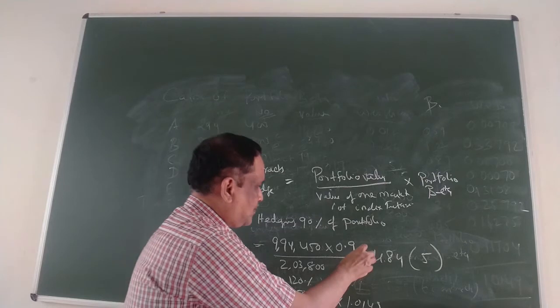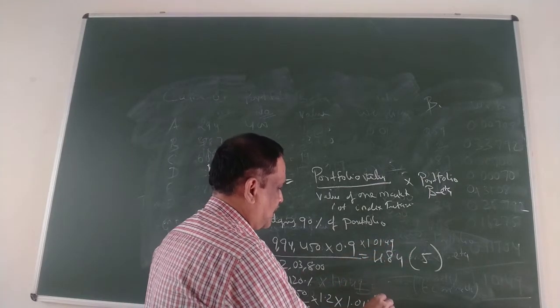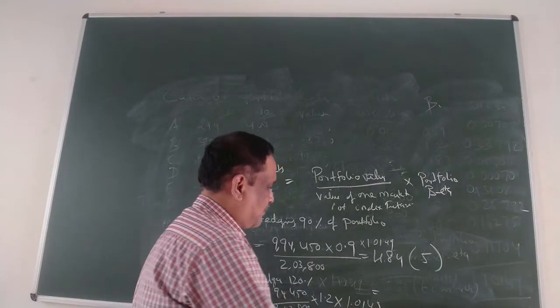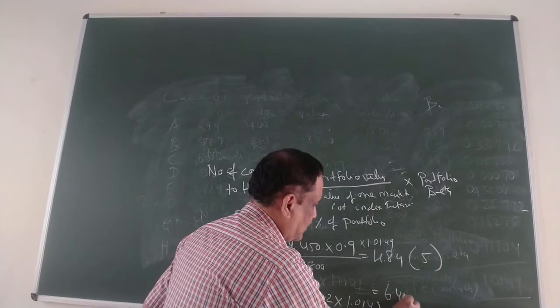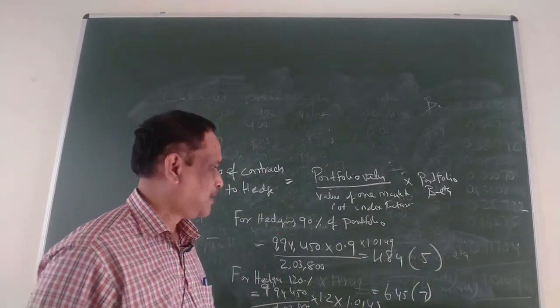In the earlier problem also we had to multiply the portfolio beta. So you will be getting a value of 6.45, which is 7 contracts. You can round it up to the next level.